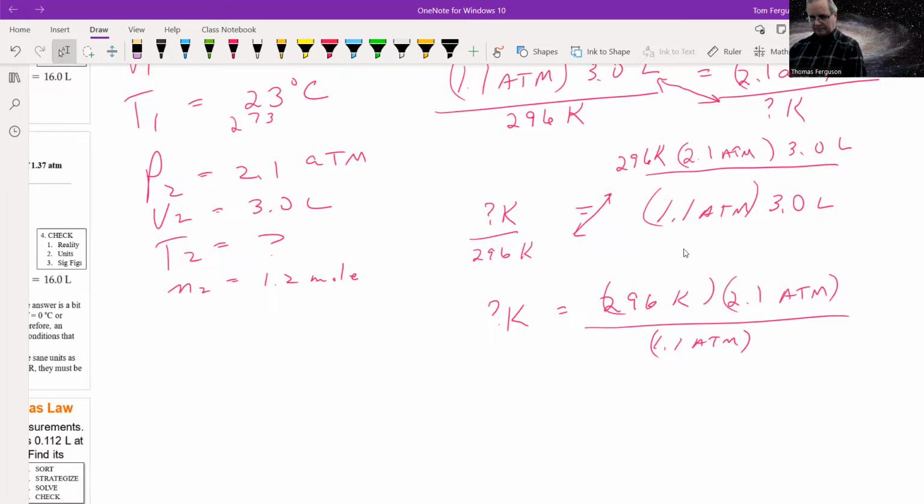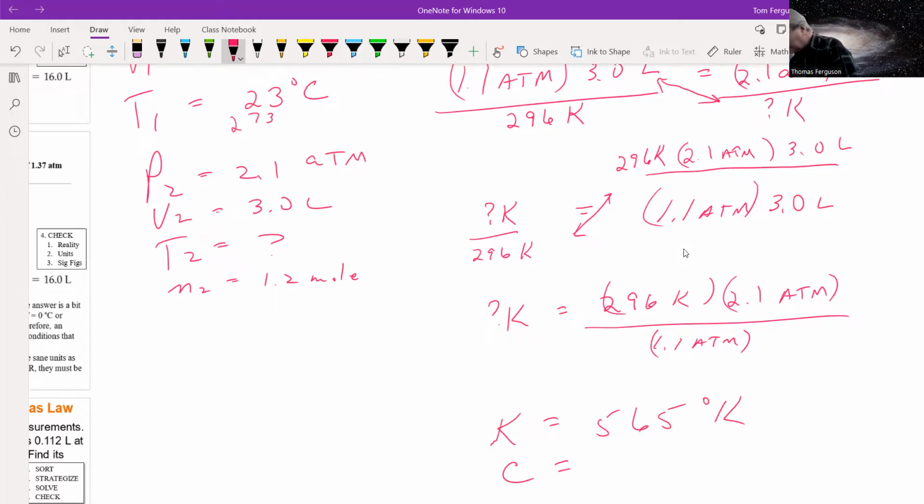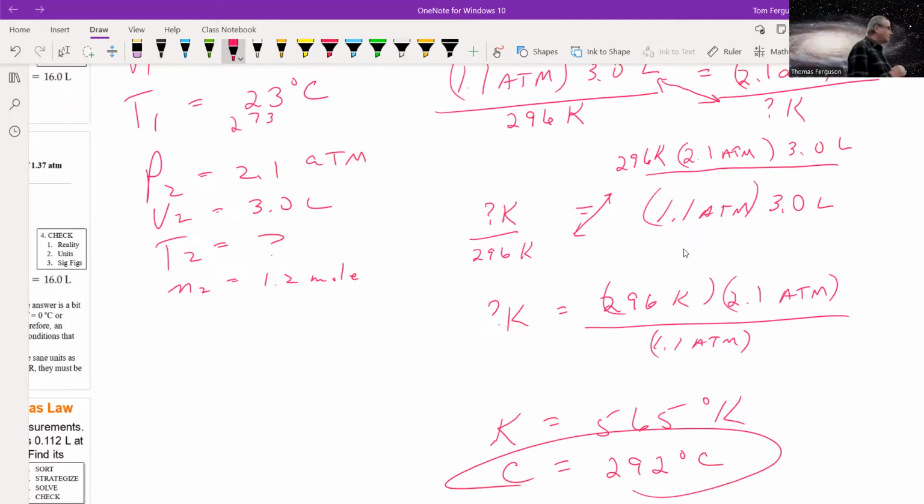Okay. So we predicted the temperature was going to go up.